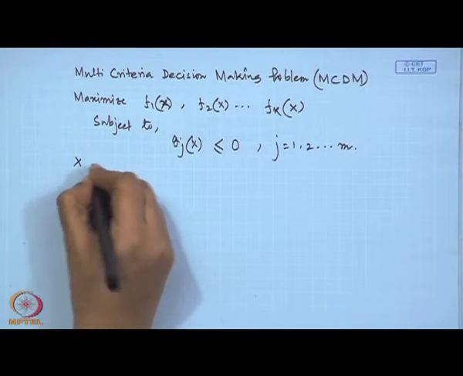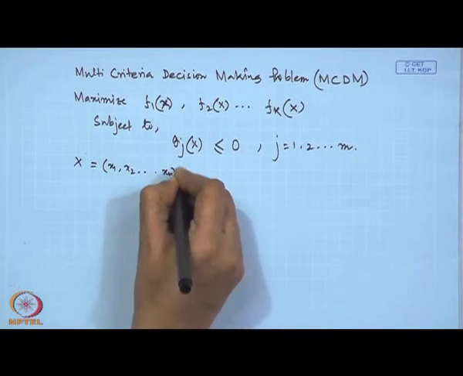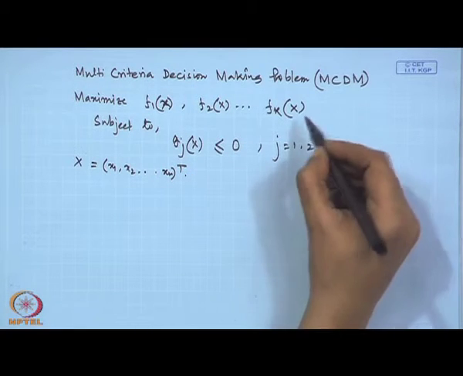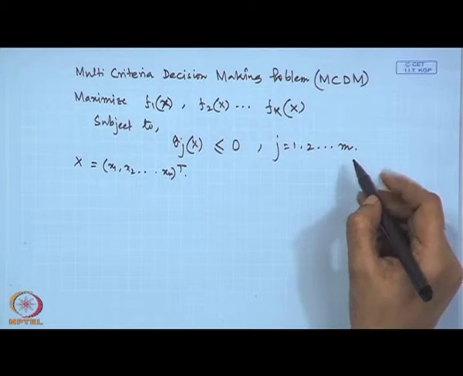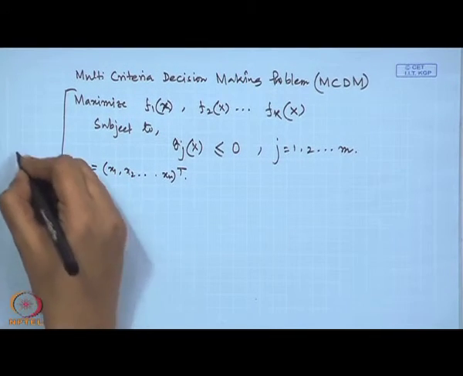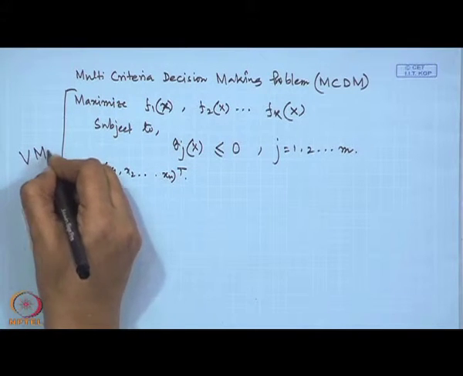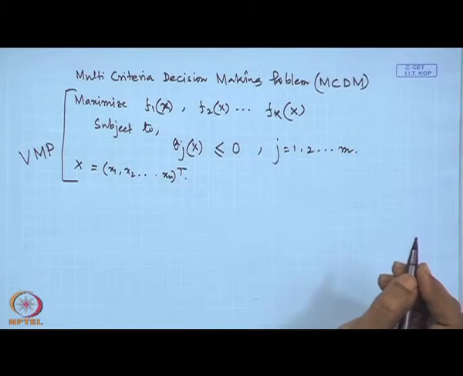Here there are n decision variables, k objective functions, and m constraints. This kind of problem is also named in the literature as the vector maximum problem.